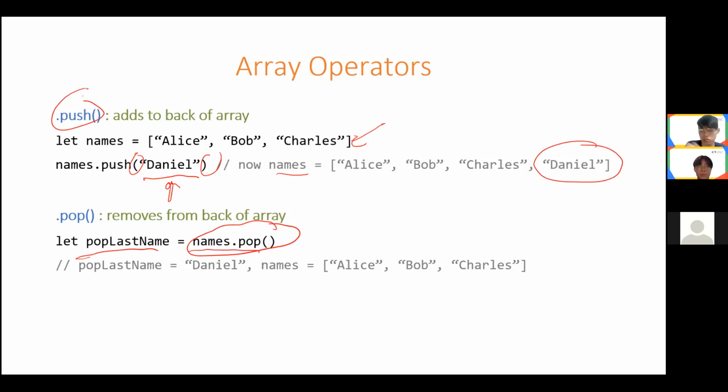Using pop is considered a function expression, and it will evaluate here. Pop will give you back the last item of the array and also remove it from the array. Once it gives it back, you can store it inside this variable, pop last name. So now pop last name will have the value of the string Daniel, and names won't have Daniel here.